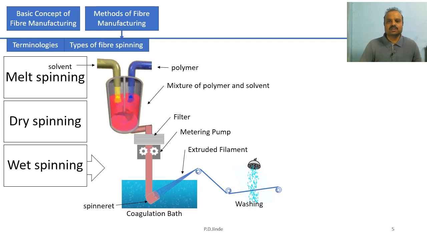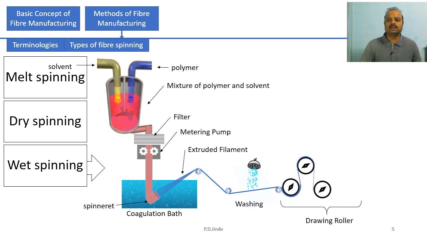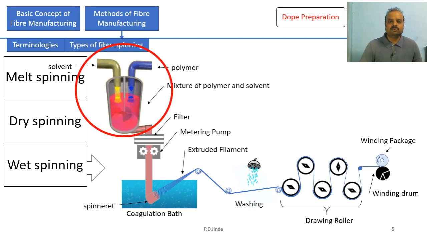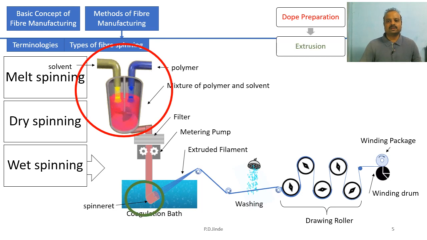The filament stretches further to a desired thickness by using drawing rollers. This stretched filament systematically winds on a spool or cheeses. So in general we can say the whole wet spinning process is divided into 5 different stages.